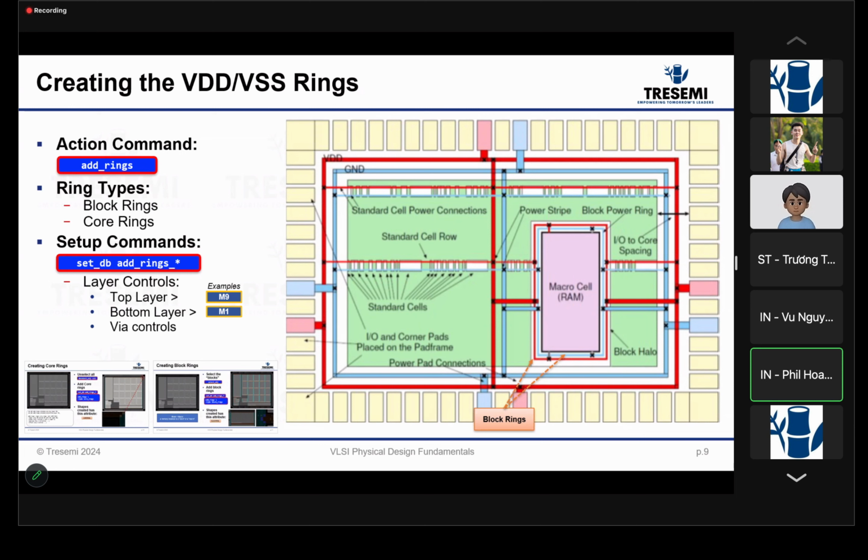Okay, so going back to adding the ring. A ring means VDD and VSS around a core block or macro block. It's a continuous loop, enclosed.